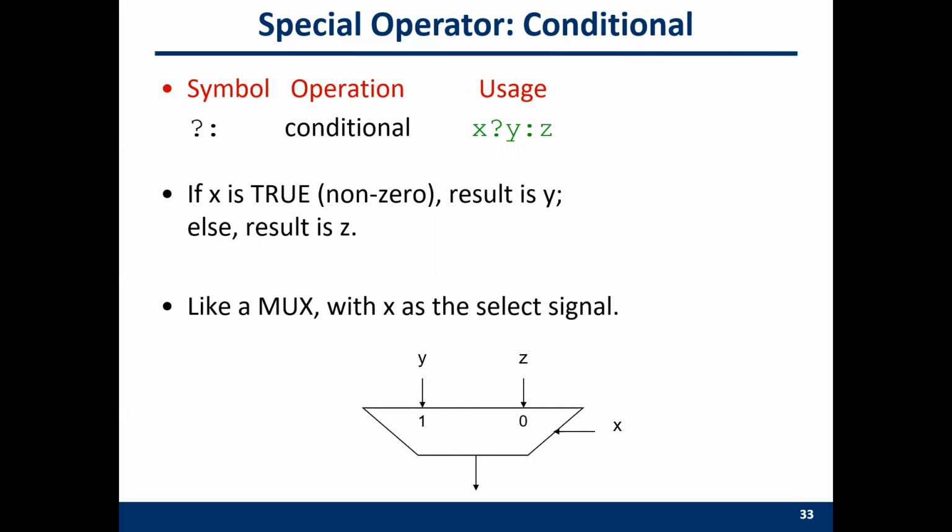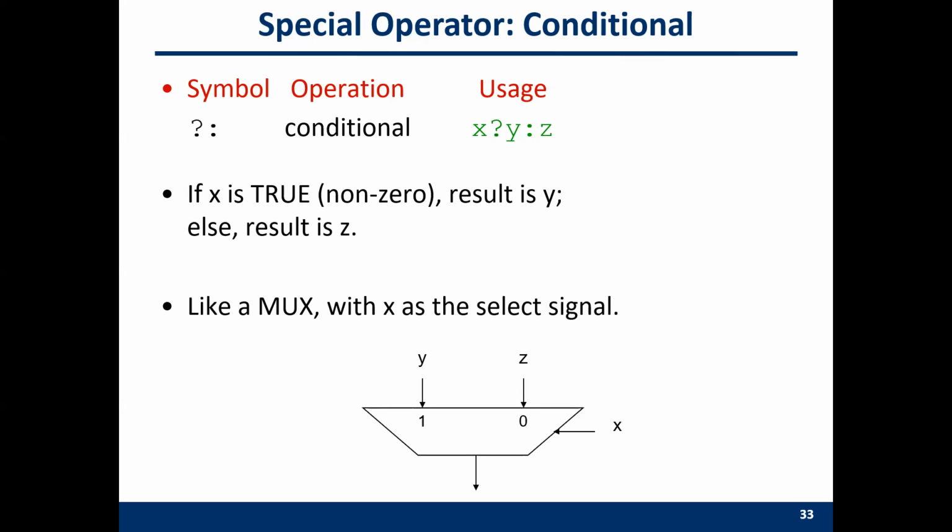If x is true, then the result is y. Otherwise, the result is z. So we can use x as a selection to choose between y and z. So if x is true, we will select y. Otherwise, we will select z.